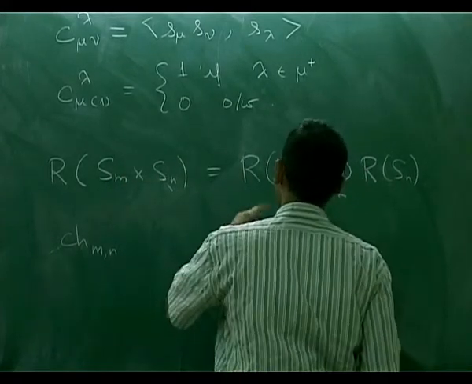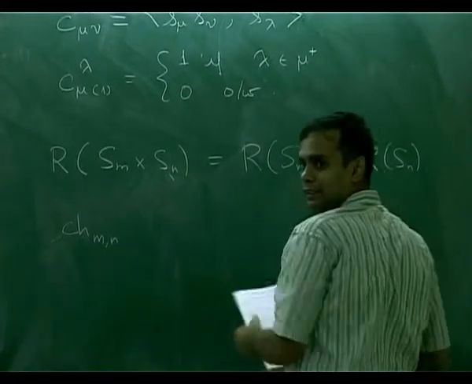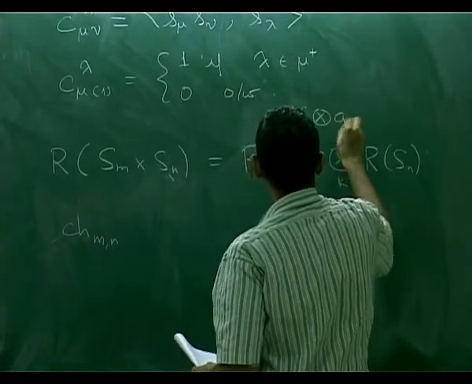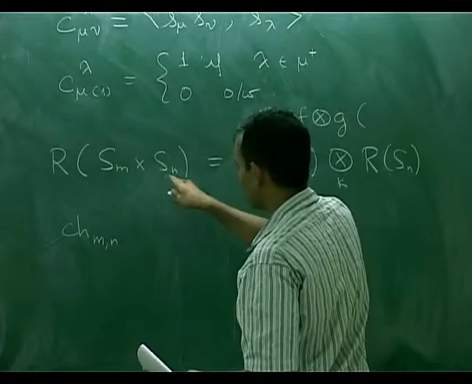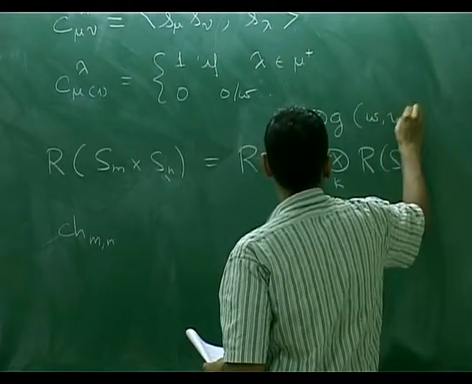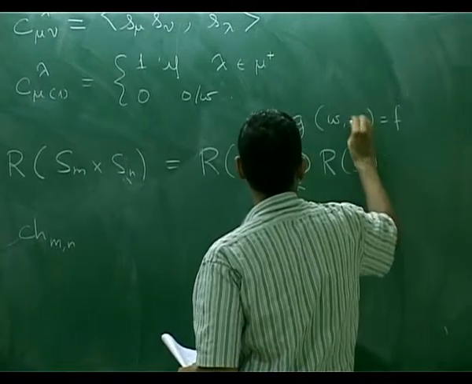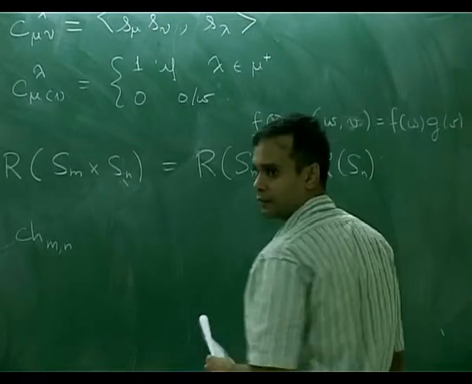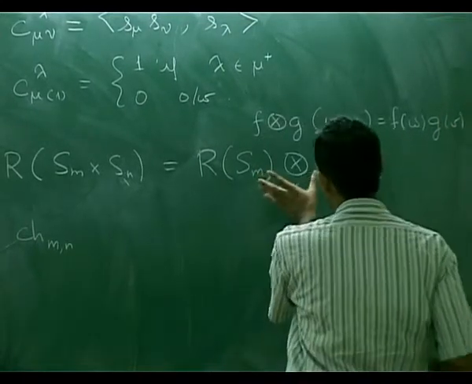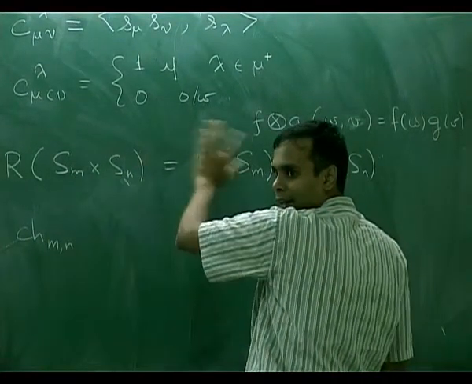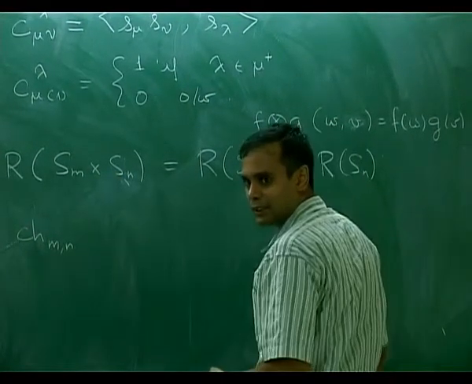If you have a function here and a function here, then you can talk about a function on the product, maybe w comma v, f w, g v. So an element in this tensor space gives me an element here, and that gives an isomorphism of these two vector spaces.